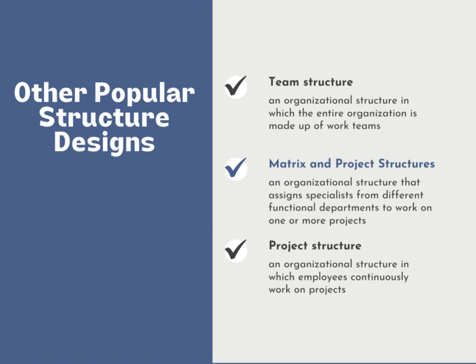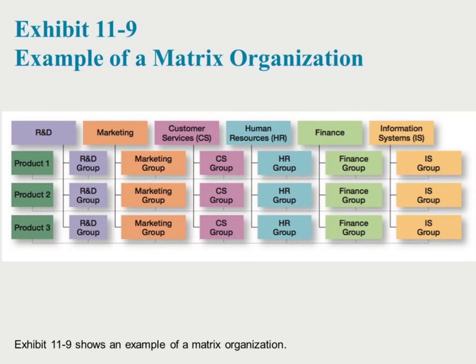A matrix product structure, there's a graphic here. Let's compare this to something like Procter and Gamble. Maybe your product is toothpaste. You're going to have a member from your team who's in marketing, in customer service, and in research and development. Maybe your other product is deodorant.